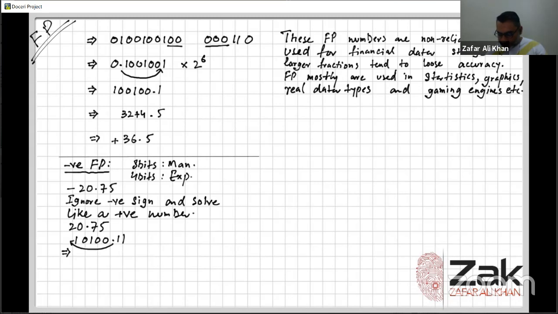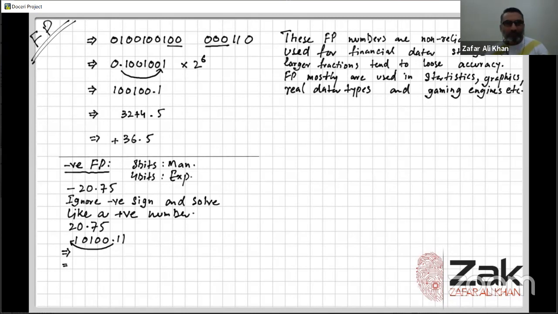Then we have to move the point all the way towards the left, as we know that we have to move it to the position where it is found between the first two bits. It is something fixed in the mantissa if we are converting to floating point notation.